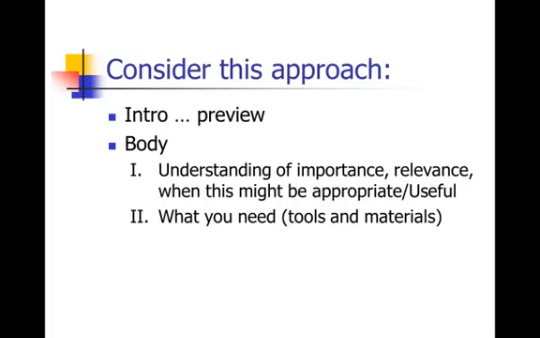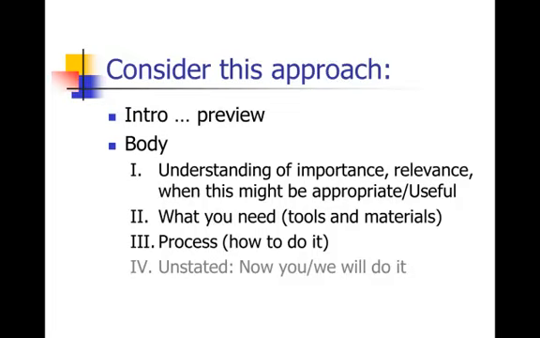Specifically, what tools are needed and what materials in the exact amounts. It needs to be more than just a list. The third step would be the process, how to actually do it, all the steps in the procedure. And then there is a fourth step that you're not going to do when you're giving a demonstration in class. It's an unstated one, which is now you will do it or we will do it together.